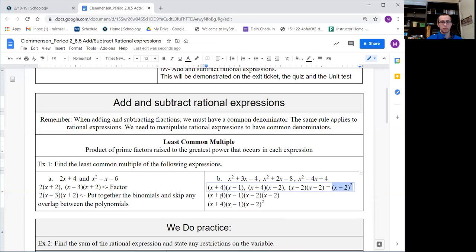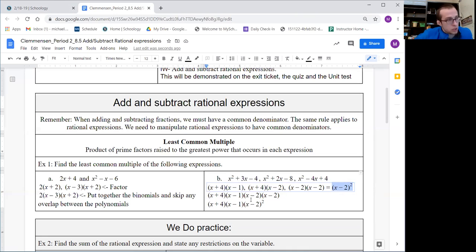So that's how I can think about this, taking that highest power between any matching ones. There was a matching one between these two. The highest power is the same in each one of these, so I just pick either one. In this case, between these two x minus 2s, this one had a higher power of 2, so I take that one, get x minus 2 squared.